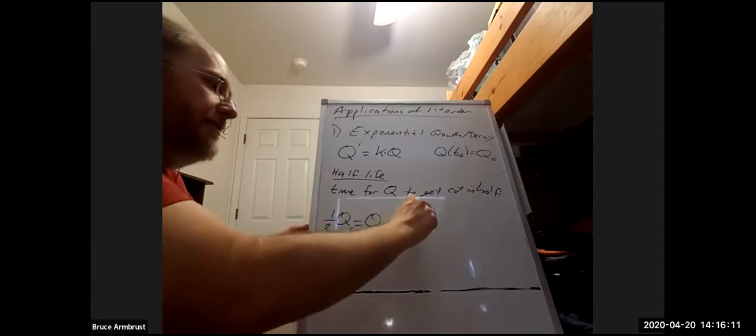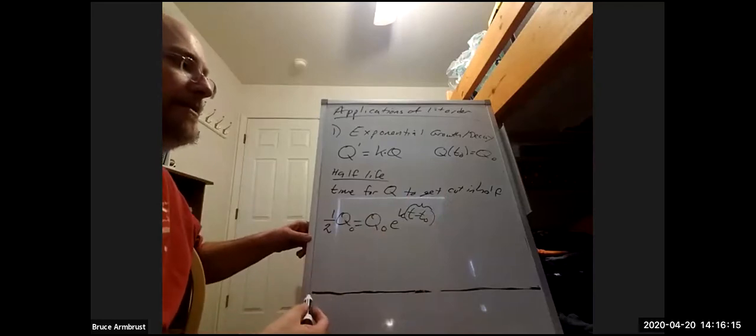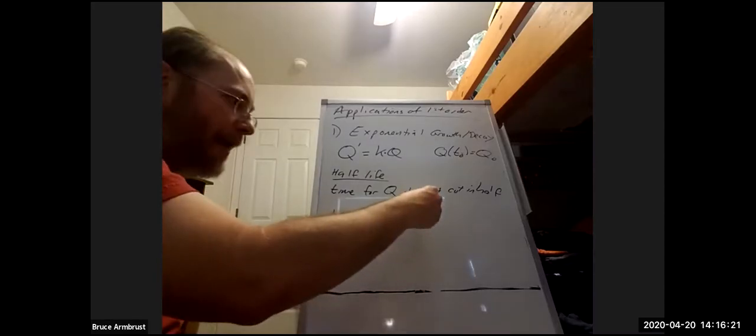And what I want to do is actually solve for the half-life. And the half-life is this: it's the T minus T naught, because we're going to find out how much time has passed.